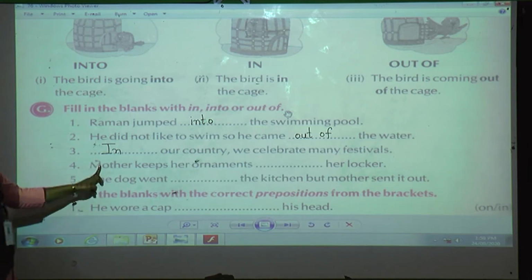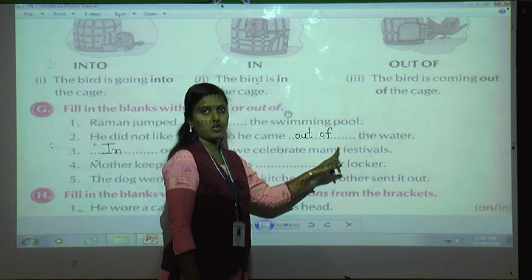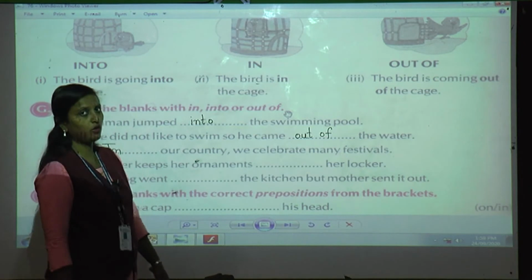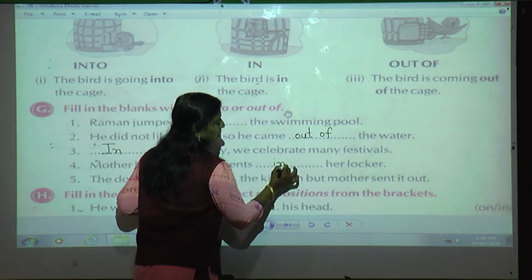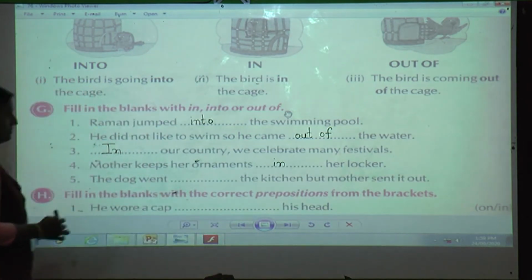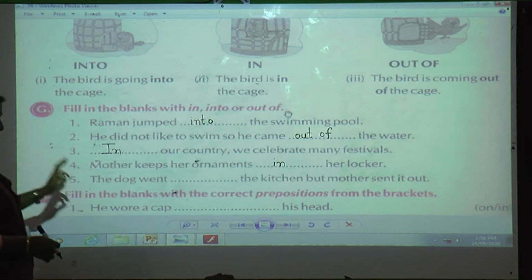Now, mother keeps her ornaments dash her locker. Now, where will she keep her ornaments? In the locker. So, in her locker. The dog went dash the kitchen, but mother sent it out. What happened here?